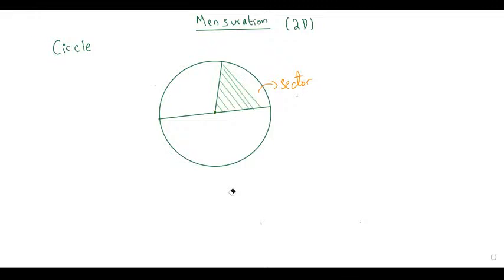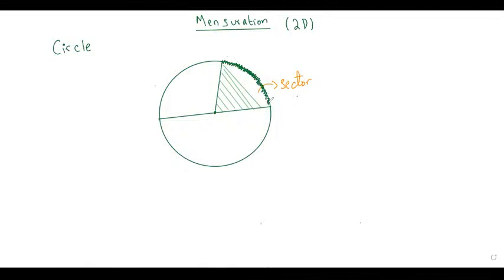And yeah, now we have defined what exactly a sector is. We need to understand how to find the area of the sector and how to find this curved part of the circumference. Okay.